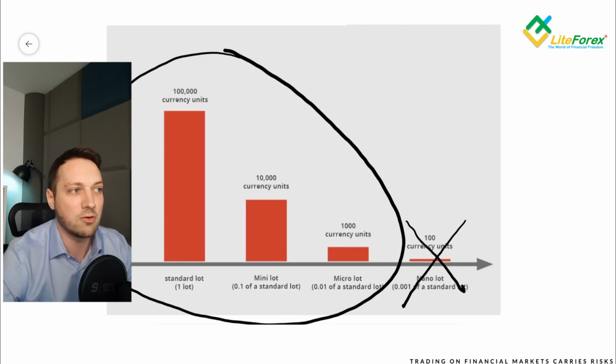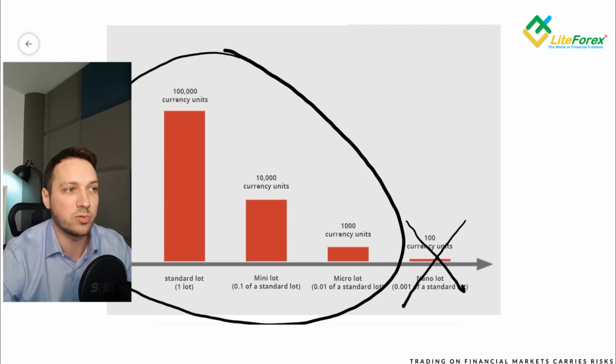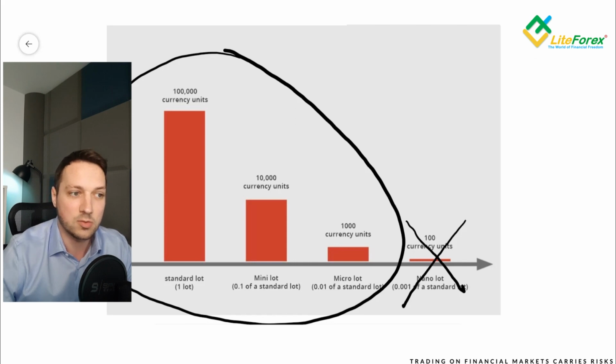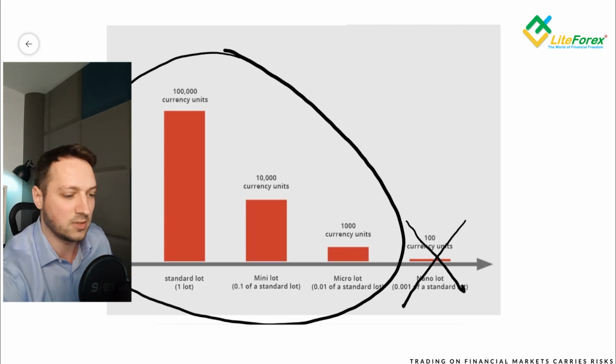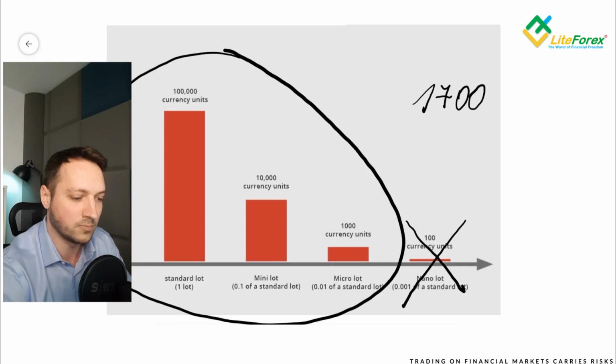If you want to check how big the standard lot is for, for example, commodities and indices, you need to go to the LiteForex website, the Trade Forex tab, and check the trading assets. For example, if we go to the metals, we have the information that the contract size for gold is 100 ounces. If we check the charts, we see that the price is about $1,700 for 1 ounce, more or less.